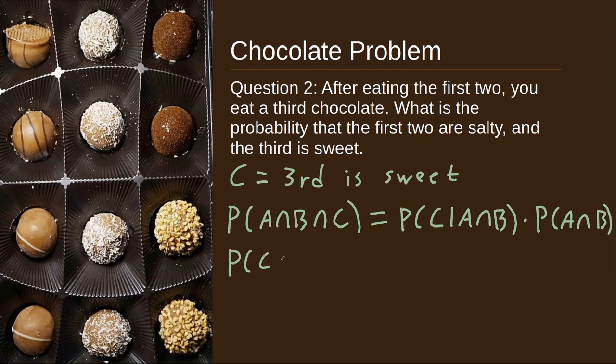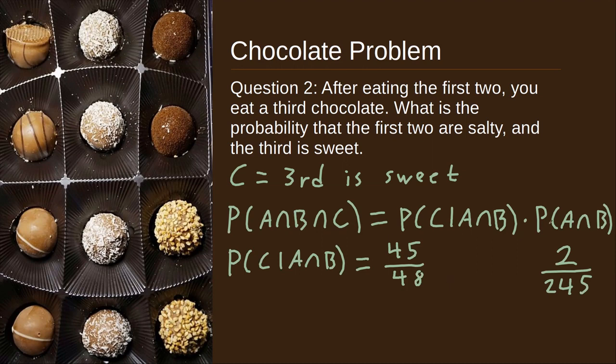So the probability of C occurring, given that A and B occur: well, if A and B occur, then we have not eaten any sweet chocolates, so 45 sweet chocolates are still left in the box, but we have eaten 2 salty ones, so there are only 48 chocolates left in total. So this must be equal to 45 divided by 48. And the probability of A and B, well, that we just solved on the previous slide, so this is equal to 2 divided by 245.